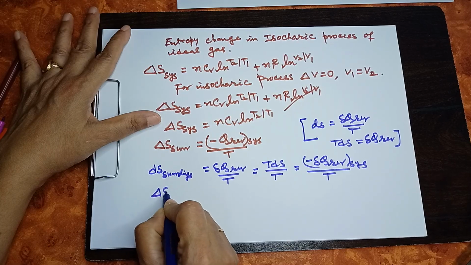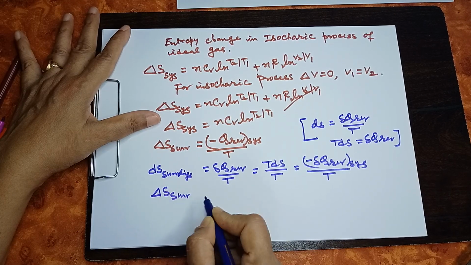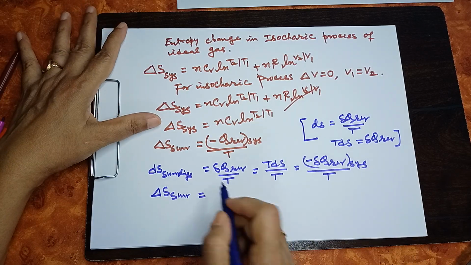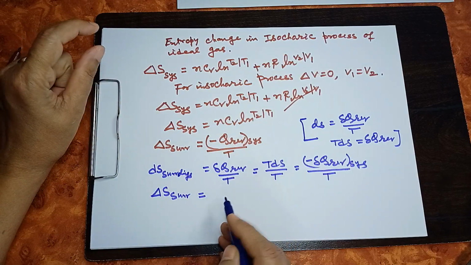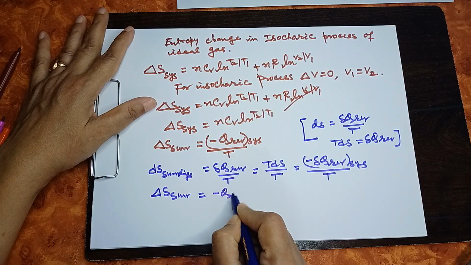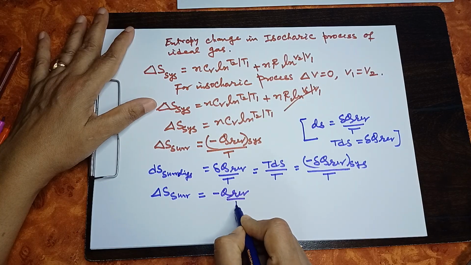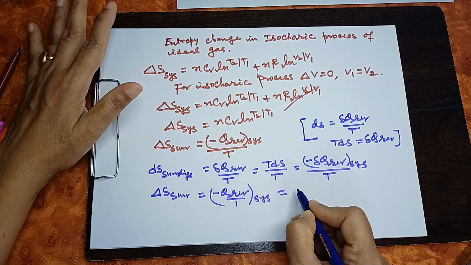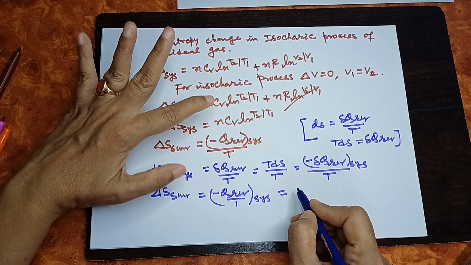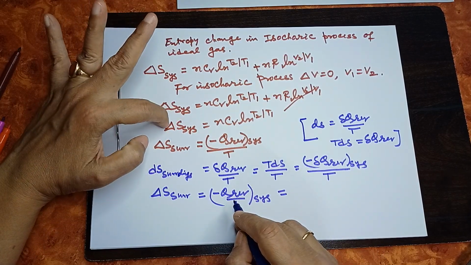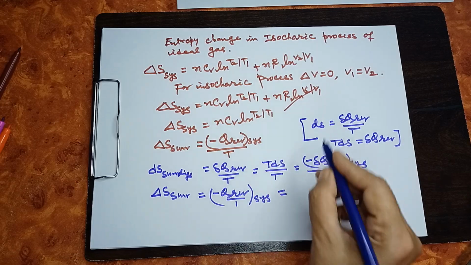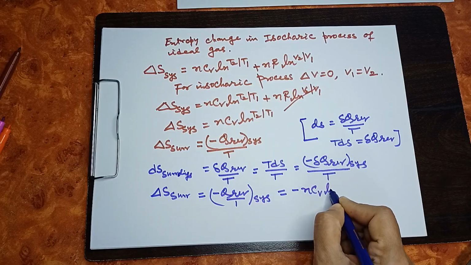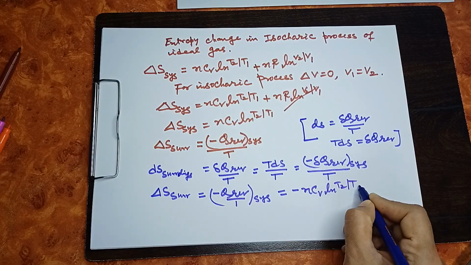So overall, entropy change of the surroundings is equal to minus Q reversible by T of system, and Q reversible by T is the entropy change of the system, NCV ln T2 by T1. So it will be minus NCV ln T2 by T1.